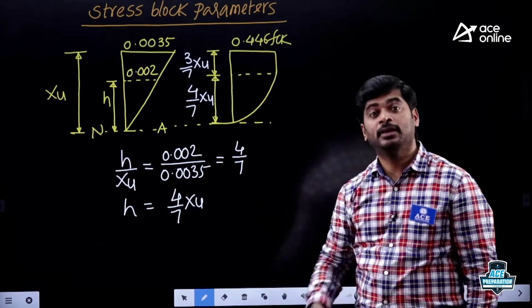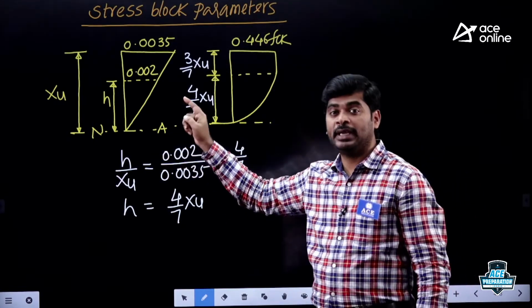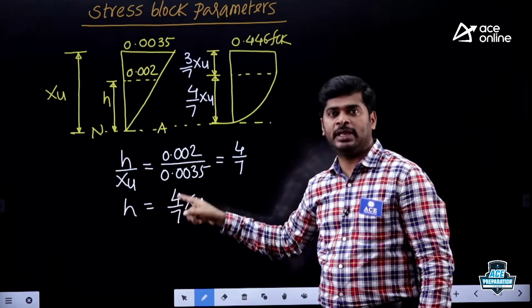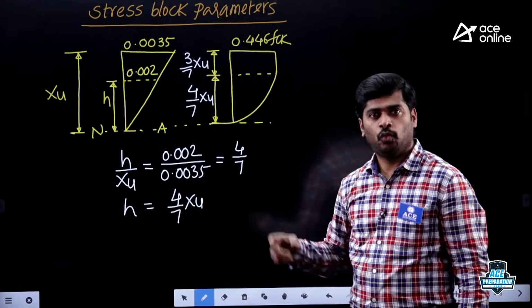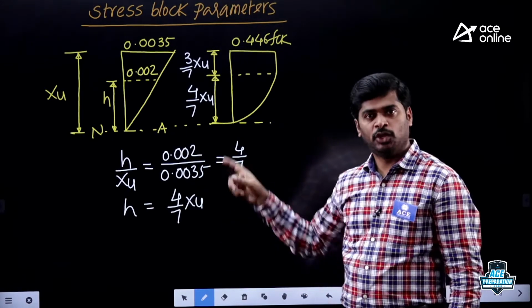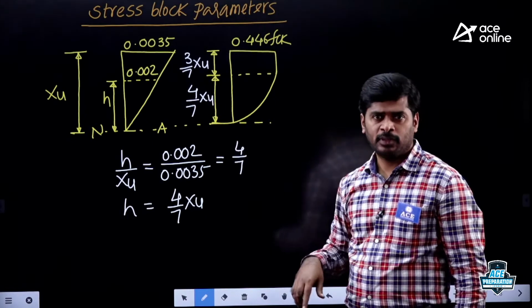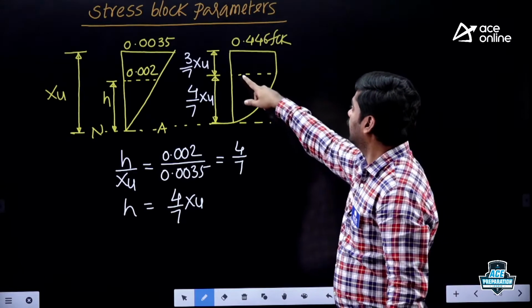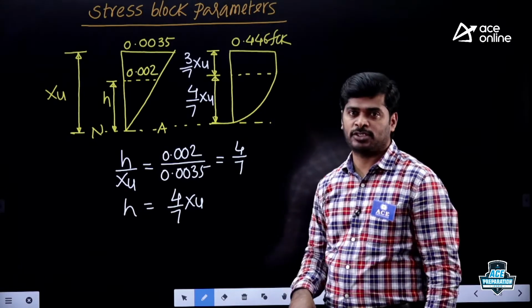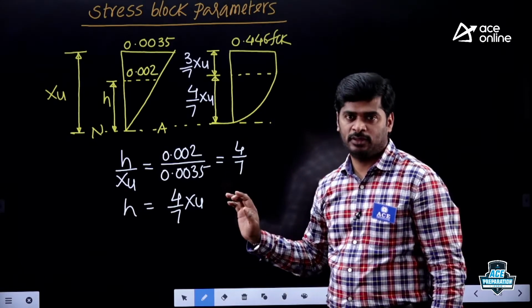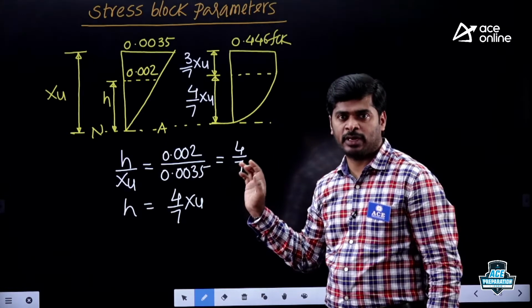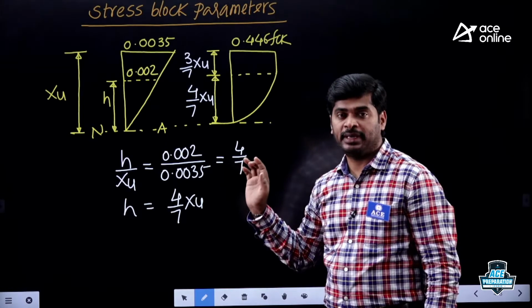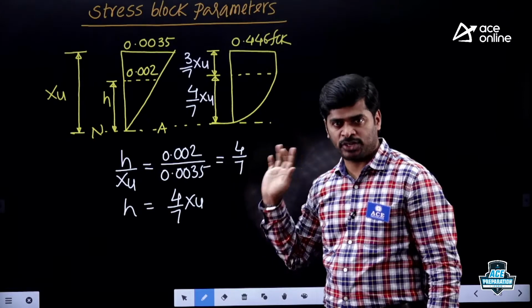How do you get them? From the strain diagram, take similar triangles, and you will get the depth of the parabola. Once you get the depth of the parabola, you already know the total depth, so easily you will get the depth of the rectangular portion in the stress block. This is the first one. Ordinates of the stress block can be obtained by taking similar triangles from the strain diagram.